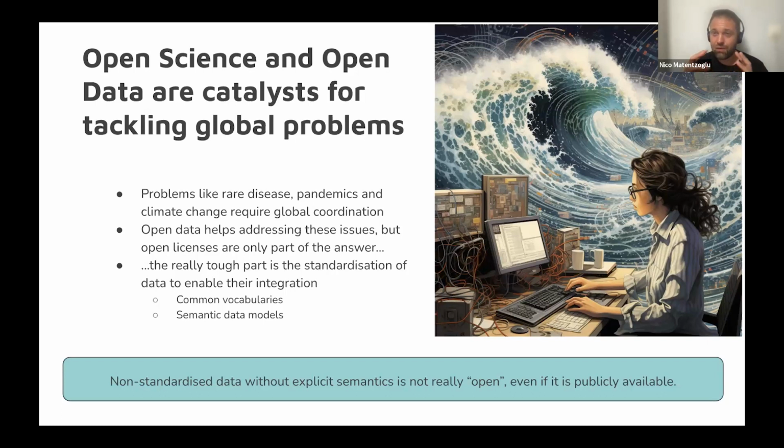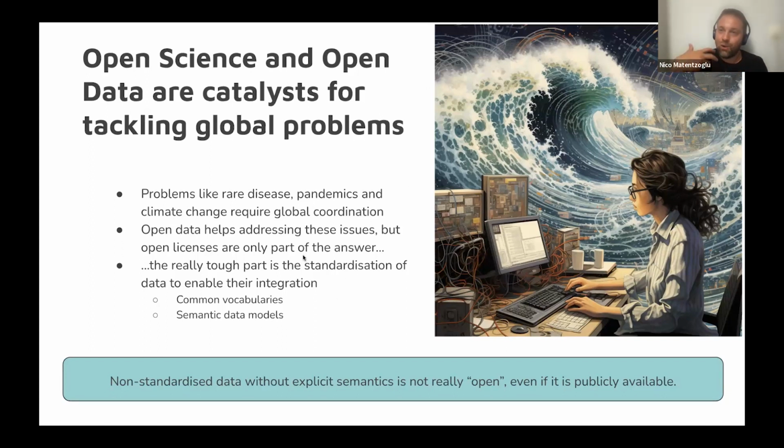These kinds of efforts require coordination of very different data generators, countries, governance structures and so on across the globe, and they are absolutely pivotal to dealing with these issues of our time.